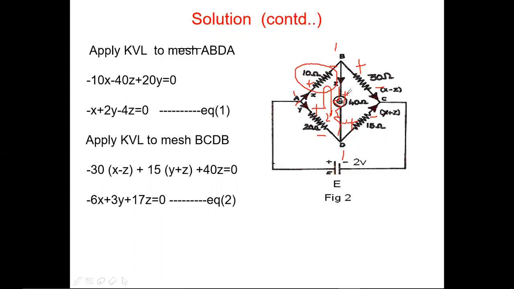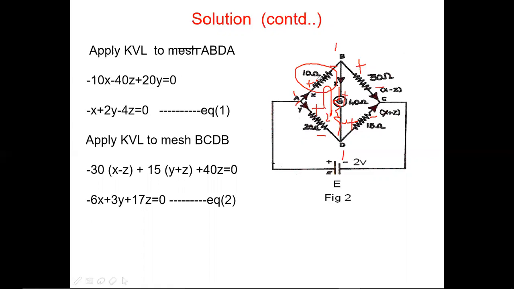Otherwise, if you follow a dependent branch, this 40 ohms is dependent on these two loops, and this 20 ohms is dependent on these two loop currents. So this one is completely independent. If you write using the independent branch current, you will get a little more clarity about your equation. So always start from the independent branch currents.